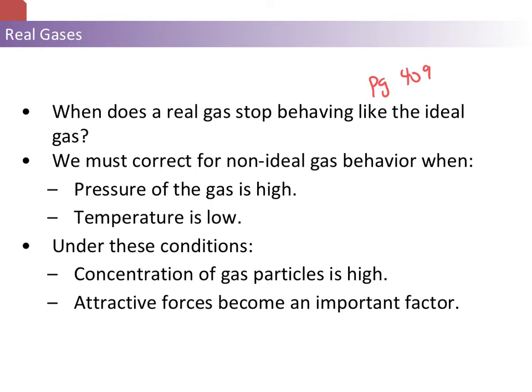Only under low temperatures is this true. They're moving slowly enough that the attractive forces can take hold and they form little droplets of liquid inside the container. The gas is no longer gas at low temperatures because, once again, the attractive forces are an important factor. So under high pressure and low temperature, real gases begin to deviate from the ideal gas behavior.